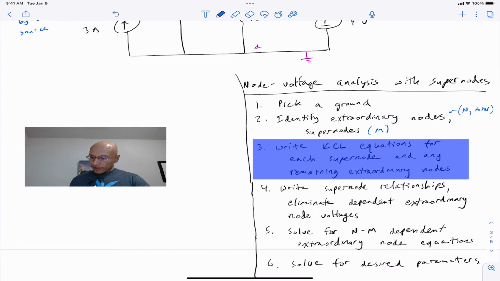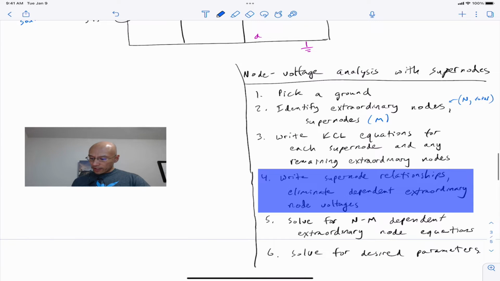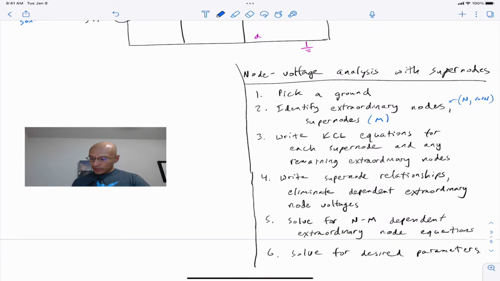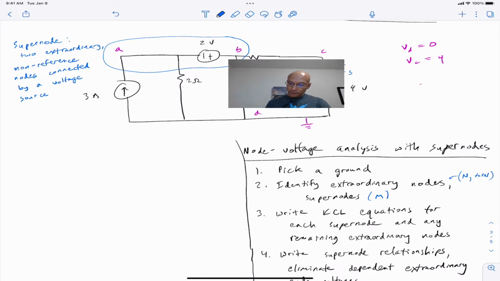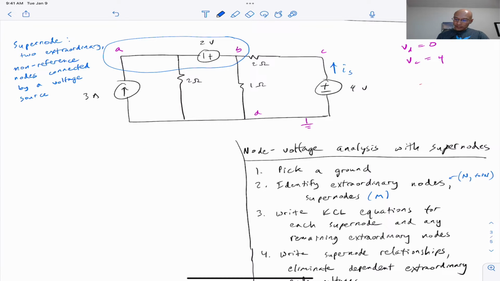So we're going to write KCL equations for each supernode and any remaining extraordinary nodes. Then we're going to write a supernode relationship. So let's briefly mention what this supernode relationship is. The supernode relationship is based on the voltage source connecting two extraordinary nodes. So here we have one voltage source connecting nodes A and B, which form our supernode. So the supernode relationship then is that VB is 2 volts higher than VA.